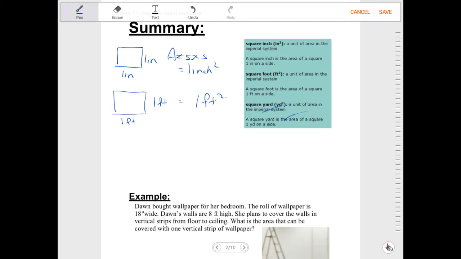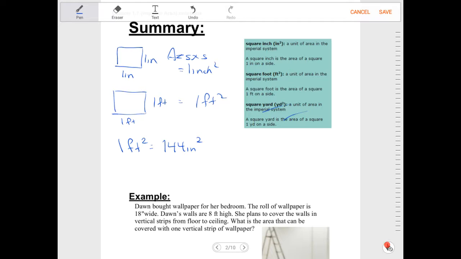Basically, there are just a couple more things I want to tell you here, and this can be found, generally speaking, on your table. So we're looking at the imperial conversion factors and some things that might come into play. If you have 1 foot squared, that is equal to 144 inches squared, and that is on your table, like I said.